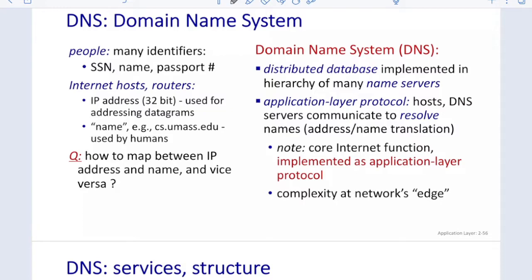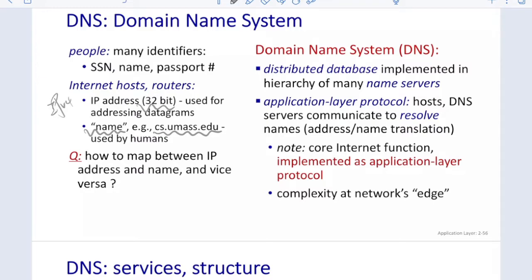Usually we use IPv4, which has 32 bits, so we have more than 4 billion different IP addresses. It is very difficult for us to remember the IP address, right? So usually we have a name, something like cs.ms.edu. That is more user-friendly, so humans can remember the name of this host.